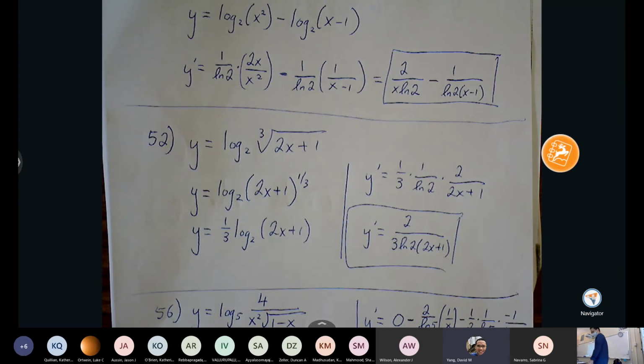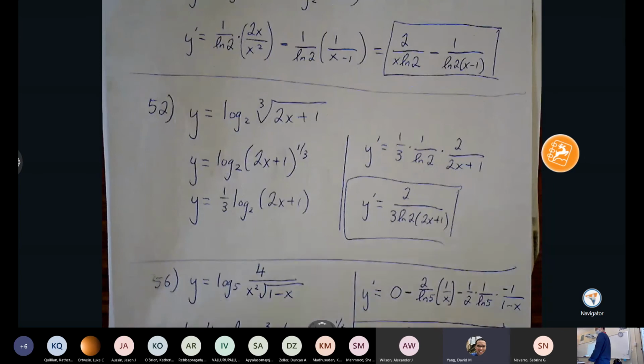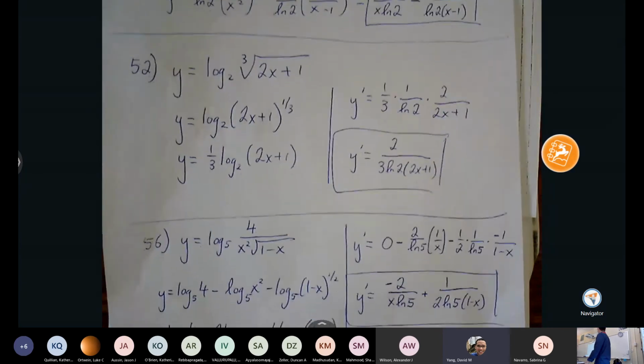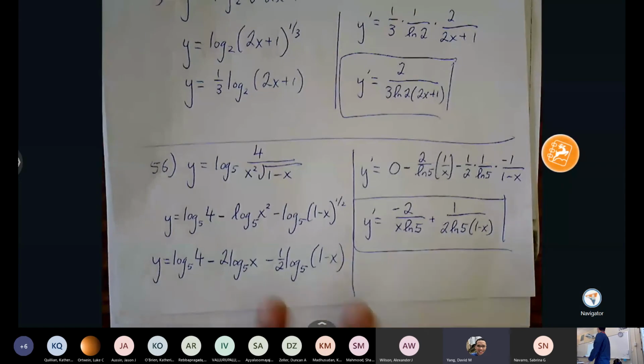I'm doing these out of order, sorry. So here's 56 first. I see three terms. I see the 4, I see the x squared, I see the root 1 minus x, so I want them all to be separate log terms.